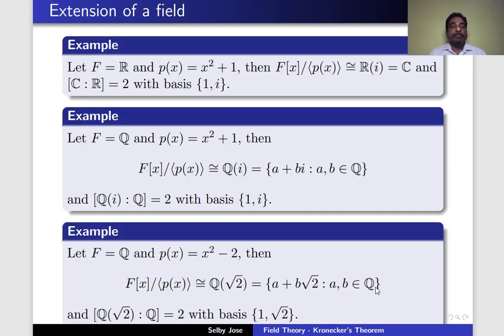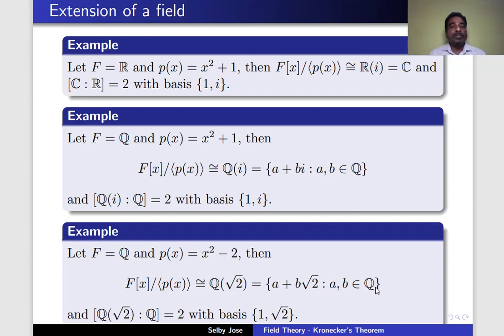So another example is if F is equal to R and p(x) is equal to x square plus 1. So you can see that p(x) is irreducible over R. Therefore, F[x] mod p(x) will be isomorphic to R with a root of x square plus 1, which is either i or minus i.